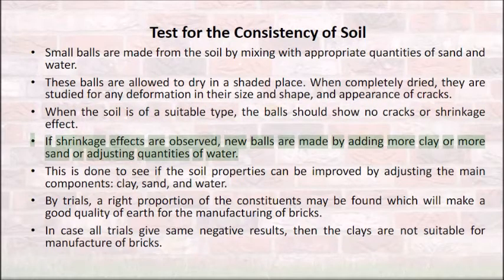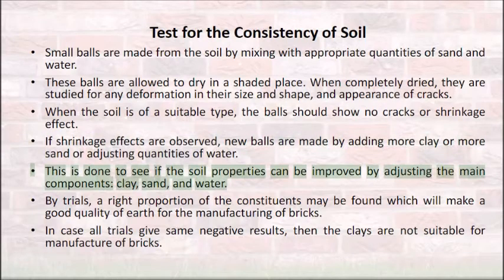If shrinkage effects are observed, new balls are made by adding more clay or more sand or adjusting quantities of water. This is done to see if the soil properties can be improved by adjusting the main components, clay, sand, and water.